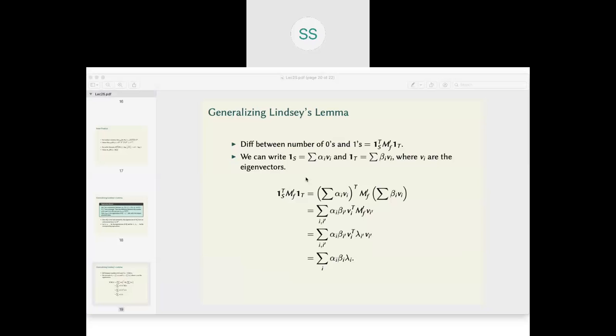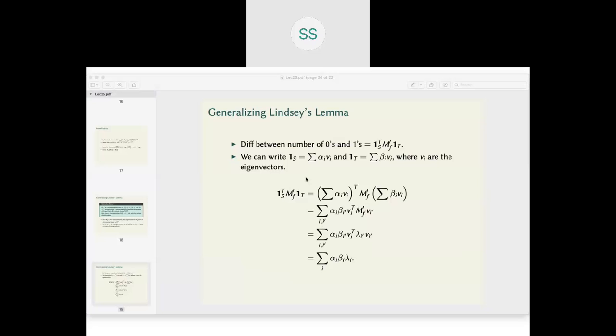And now things are simple. 1 S transpose MF dash 1 T is given by the decomposition of 1 S and 1 T, and now I am taking the summation out, a joint summation over i and i prime, of alpha i vi and beta i prime vi prime.